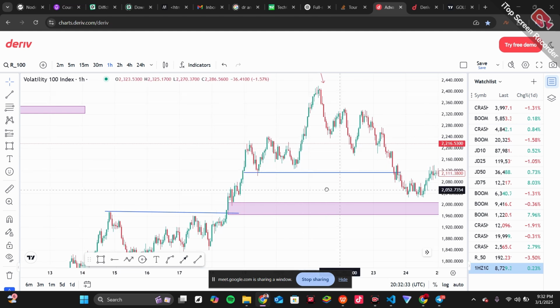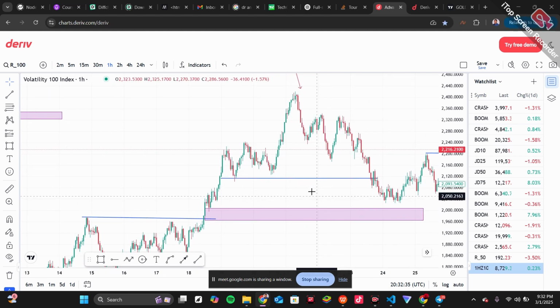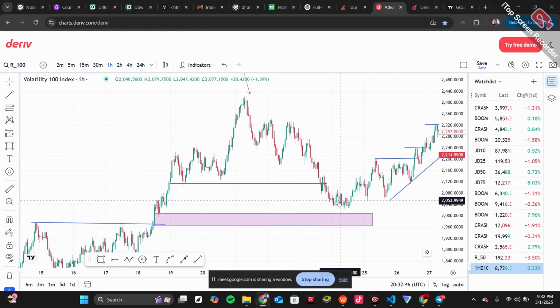Price will always form liquidity. If there's no liquidity, the market will create it. I don't know if you guys have witnessed that so many times on the chart. Whenever there's no liquidity, the market will always create its own liquidity. And that's what happened there.